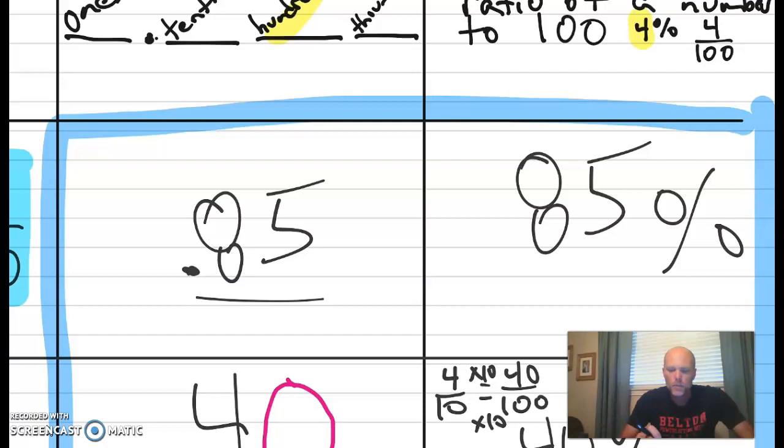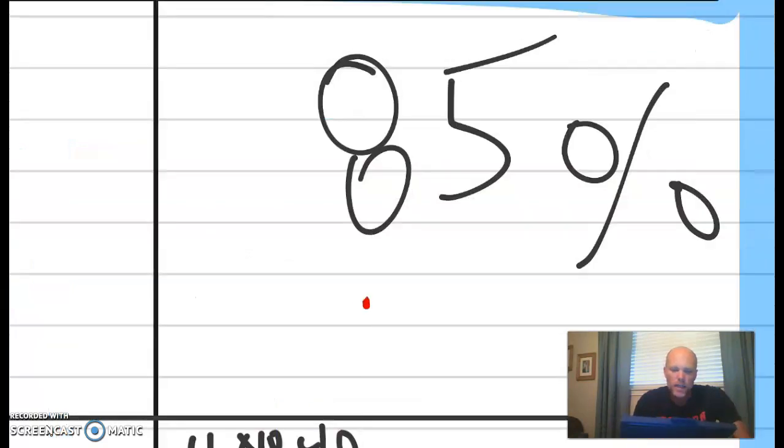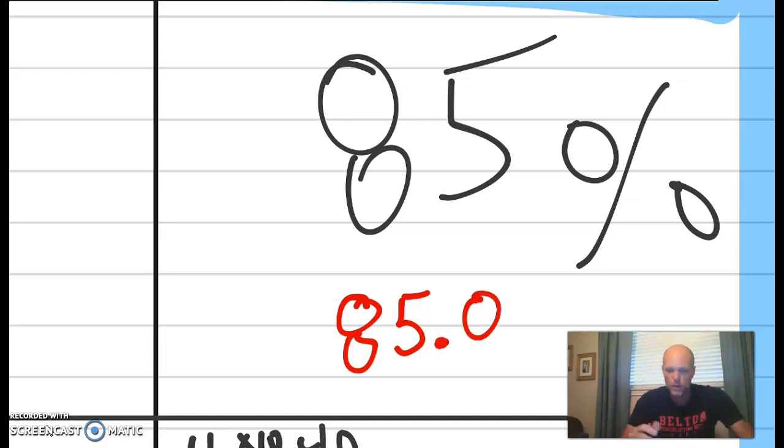So if we were to look at the number 85, could we put something on that number to where it's still 85? Has the exact same value. We would even say it the same. We can put a decimal and a 0, or 2 zeros if we want.